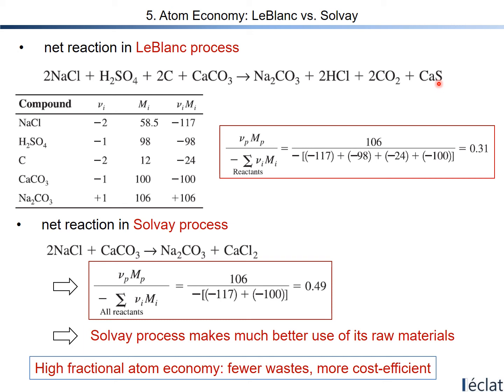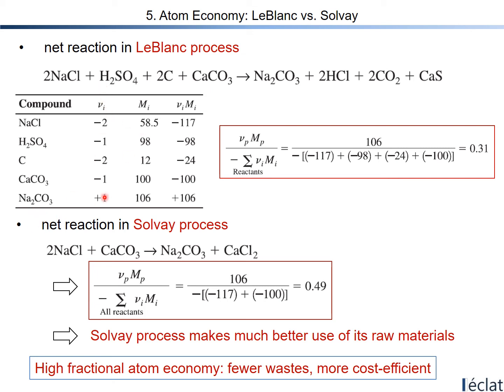Okay, let me make a table. In this case, we have 1, 2, 3, 4 reactants listed in the first column plus the desired product. In this calculation of the mass PR ratio for atom economy, we will not take care of the byproducts, so I skip the byproducts in the compound list.